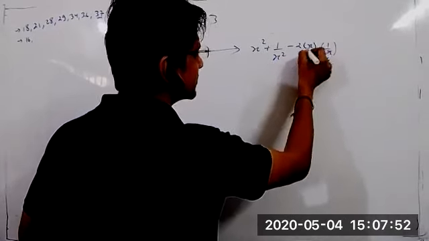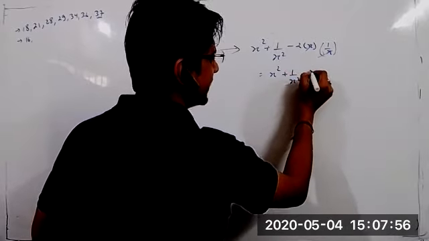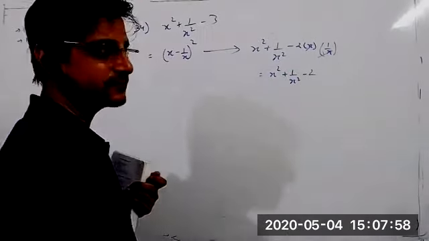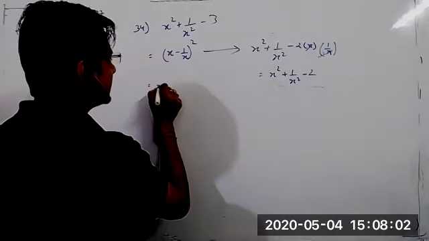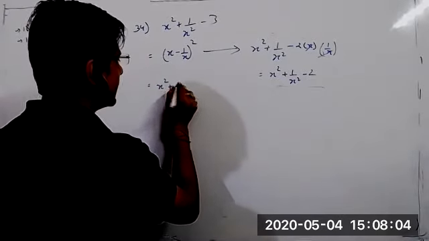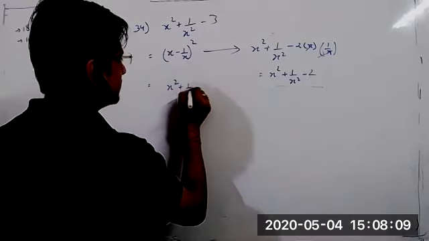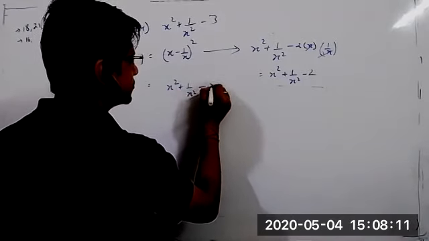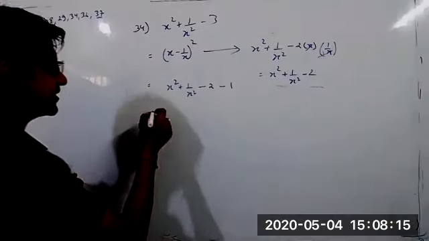This is gone. What is left out? x square plus 1 by x square minus 2. This expansion is this one. So can we write it as x square plus 1 by x square minus 2 minus 1, which Aditya did?